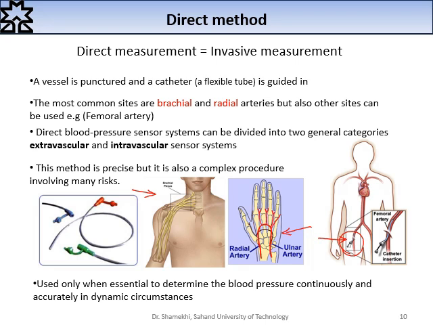Extravascular means that the measuring site is inside the vessel, but the sensor is outside the vessel. And intravascular means that both the measuring site and the sensor are inside the vessel.